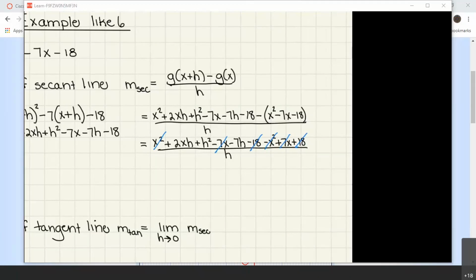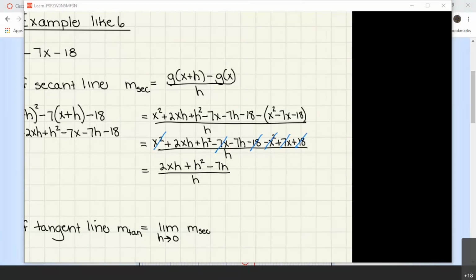It's a lot easier to do it once with multiple steps than to do it over and over and over. That's frustrating. So give yourself plenty of space. So what am I left with? I'm left with 2xh plus h squared minus 7h over h. Those are all of the terms that are left.